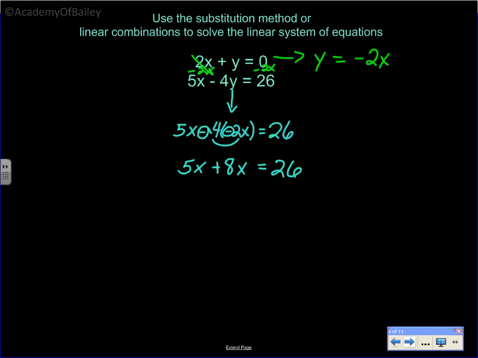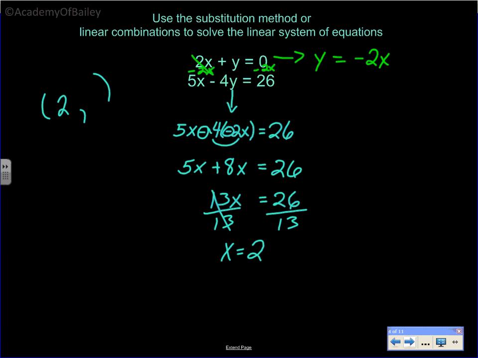And let's go ahead and simplify and solve for x. 5x plus 8x is 13x, and divide both sides by 13. So x is equal to 2. X goes on the left side, so since x is equal to 2, we put 2 on the left side.